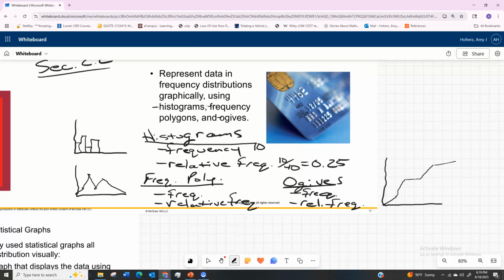So for instance, if you had 40, an ogive would end at 40. Ogives are another type of line graph, but they only go upward, or they could stay flat if there's nothing in a particular class. So that's just a really quick highlight of what's coming, and now we'll get into the details.